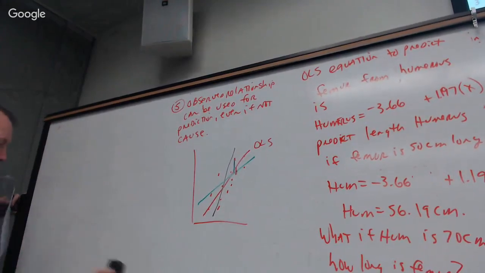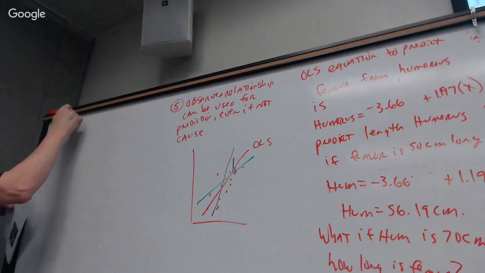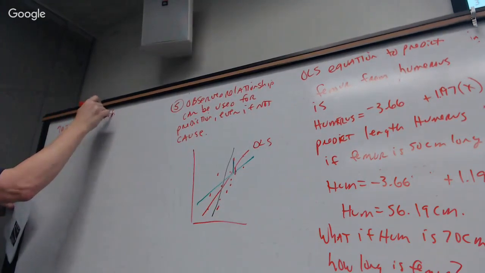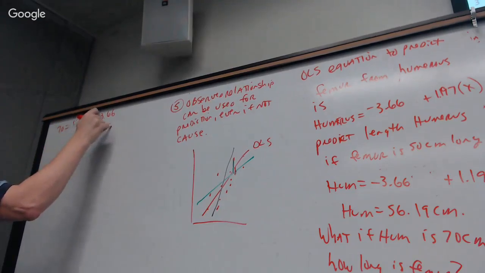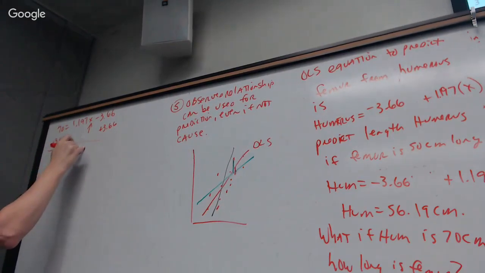70 equals 1.197 times x minus 3.66. Okay. And what do I put in here for x? Oh, we don't know. So we can solve for x, right? So then how do I solve for x? Add 3.66 to both sides. So 73.66 equals 1.197x.